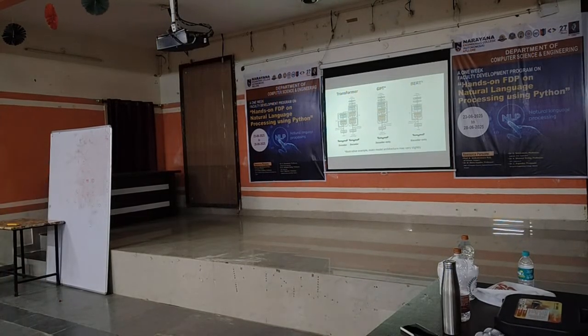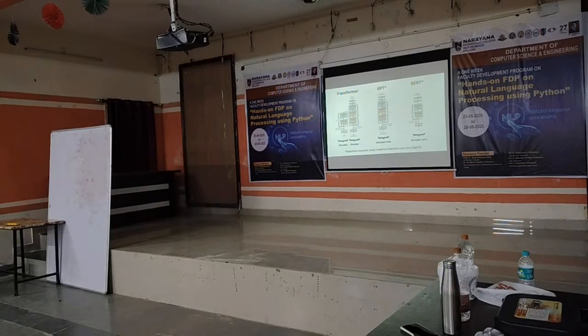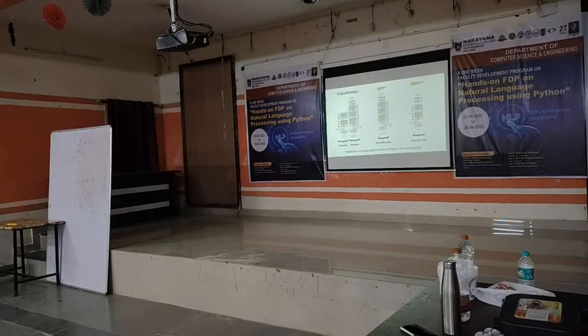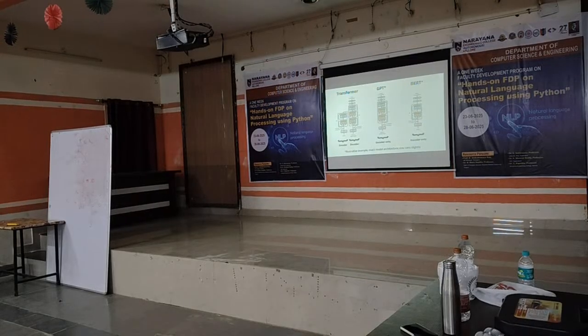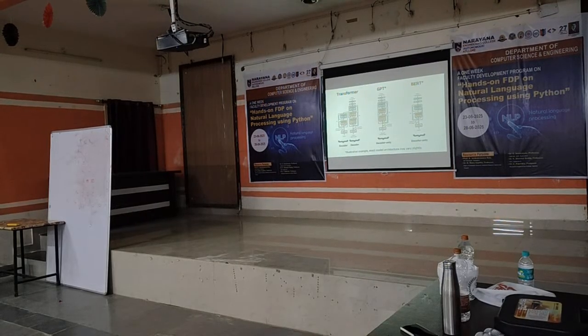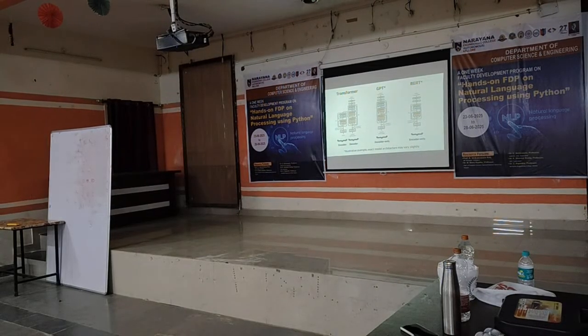I will not go into the details of this now because we don't have much time. But once you understand the transformer, it is very easy to understand BERT and GPT, because BERT is only an encoder model, it takes only this part. GPT is only a decoder model, it takes only this part. So these are some representative architectures, but the original architecture deviates slightly depending on the application.